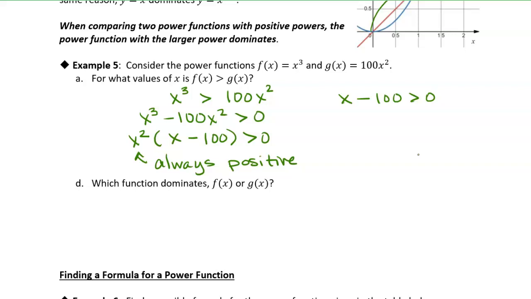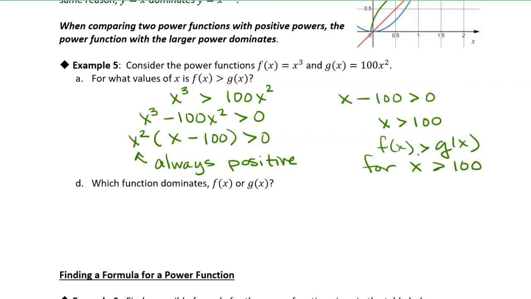All right, now we can add 100 to both sides. So x is greater than 100. So those are the x values for which f of x is greater than g of x: for x greater than 100.